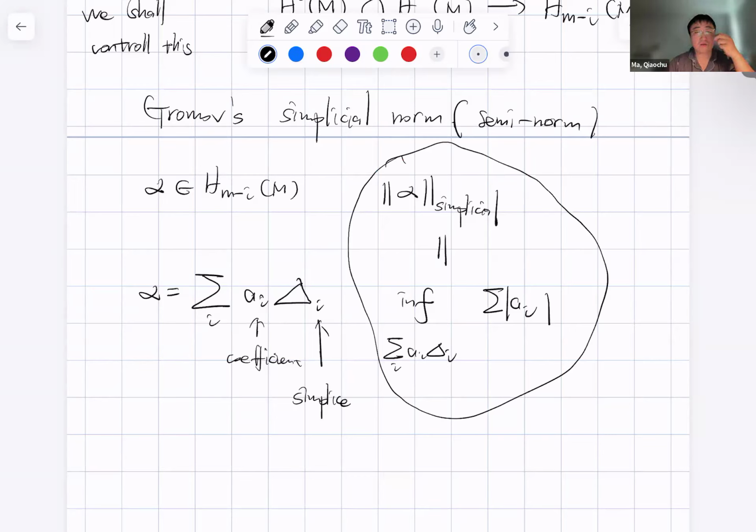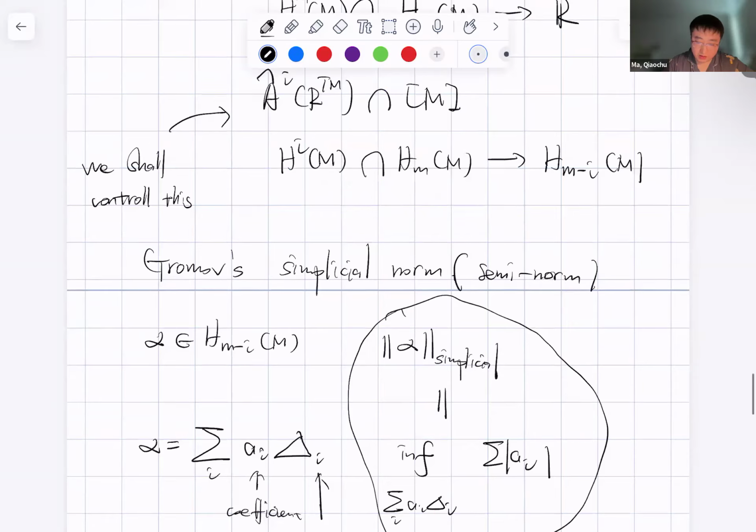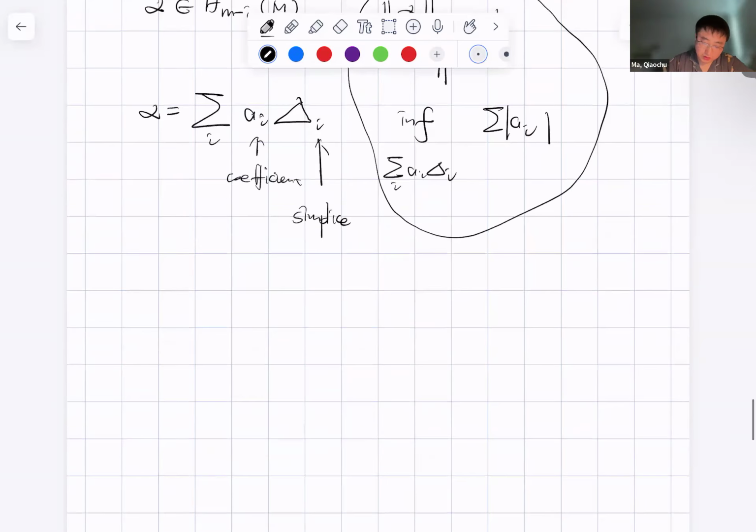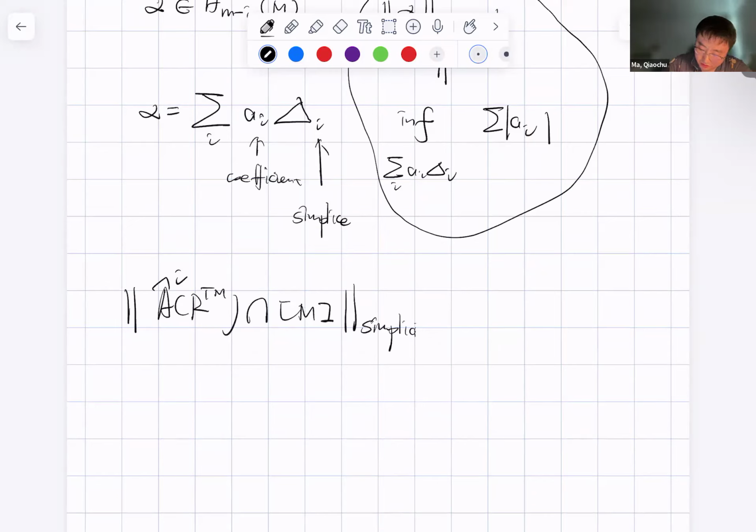So from this definition, roughly, the simplicial norm measures the infimum number of simplicials you need to represent this homology class. Okay, and let's go back. So we shall control the simplicial norm of this homology class.